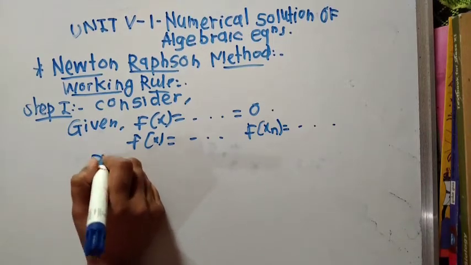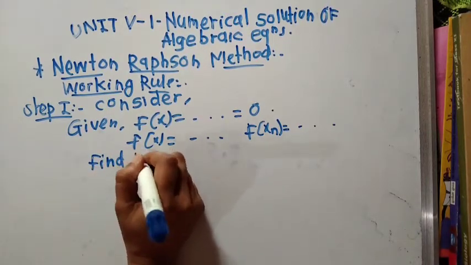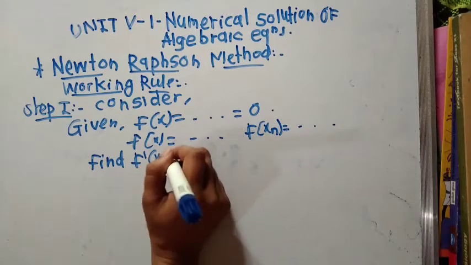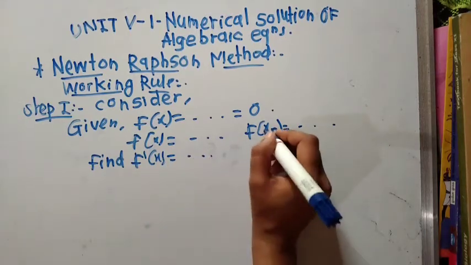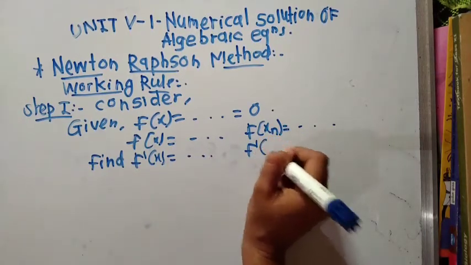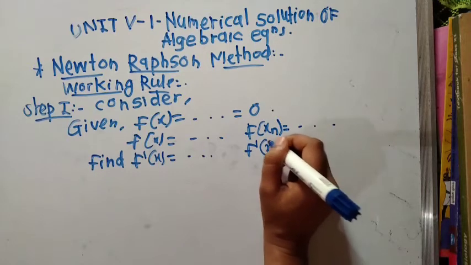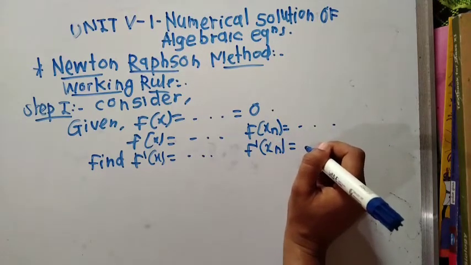Then find f dash of x first, then find up to f dash of xn.